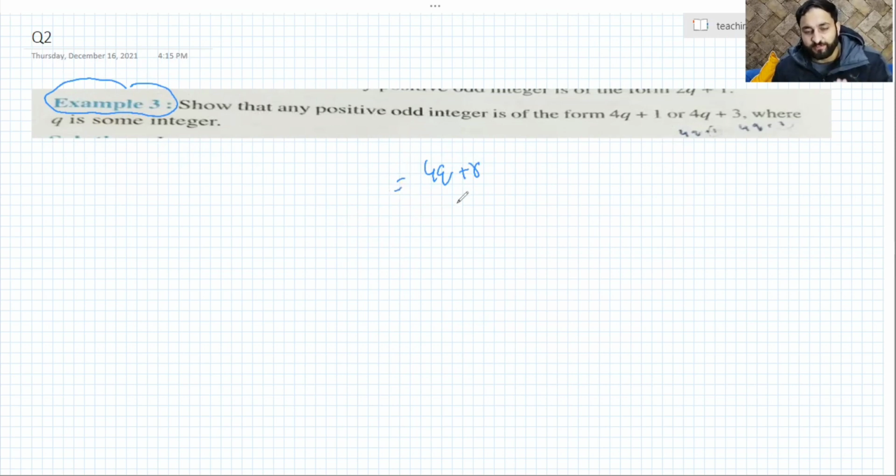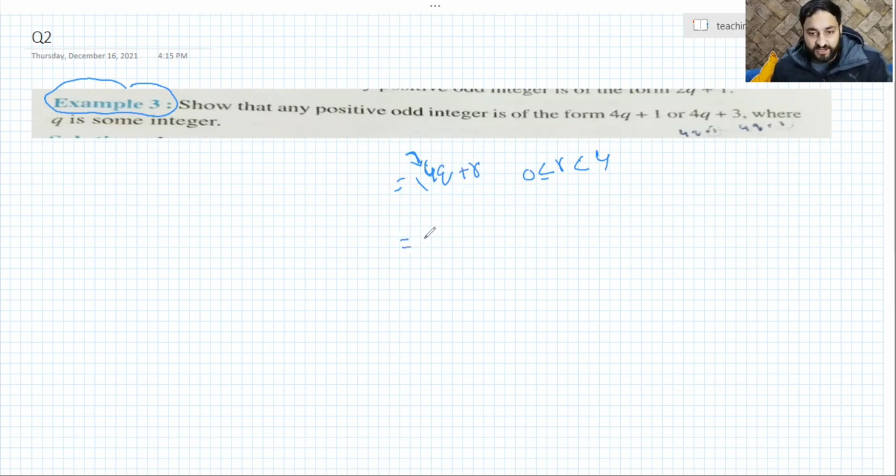Where r should be greater than or equal to 0 and less than 4. What are the necessary equations? Since this thing is even, you can know whether the result is going to be odd or even. If this would have been odd, you would not have been able to find whether the result would have been even or odd.